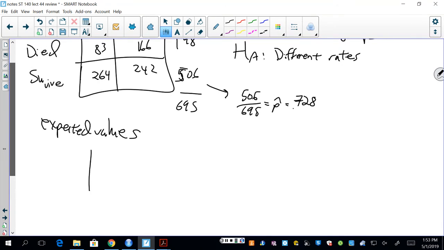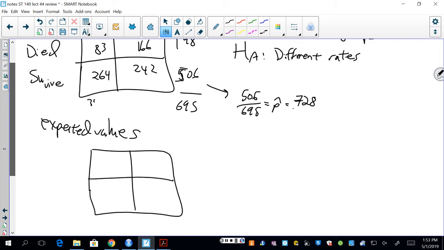Out of the group during surgery, there was 347. Out of those 347 values, if 72.8% survive, we would expect 0.728 times 347 here, and the other percentage, 0.272, would go up here.